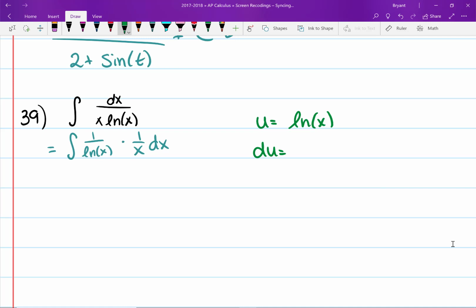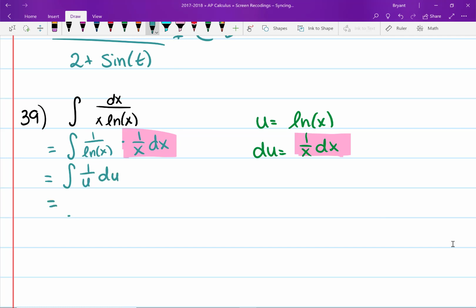So I get du is equal to 1 over x dx. And so now I'm good to go because there's my derivative, and there it is. Just this piece. So now I get, this is the integral of 1 over u du.